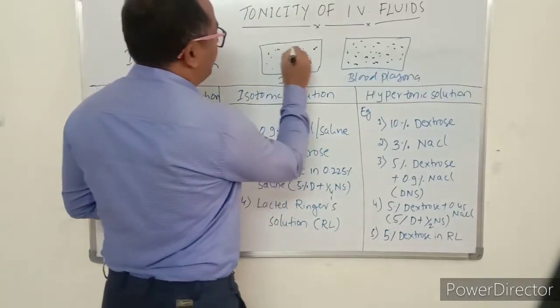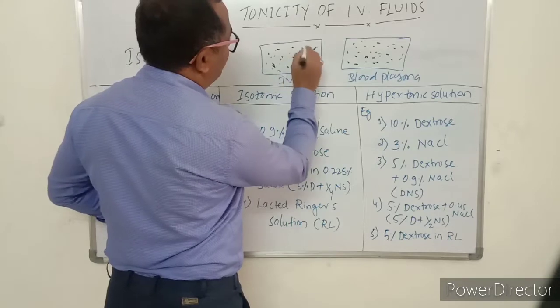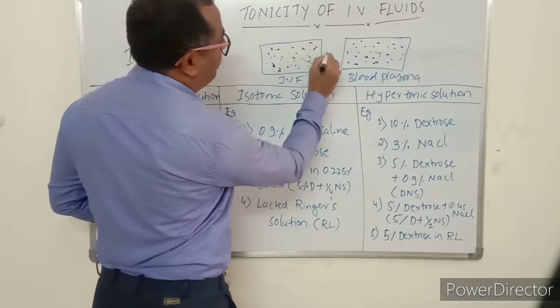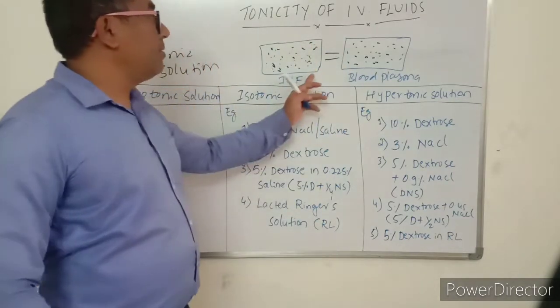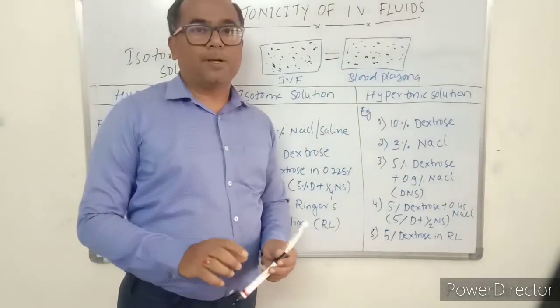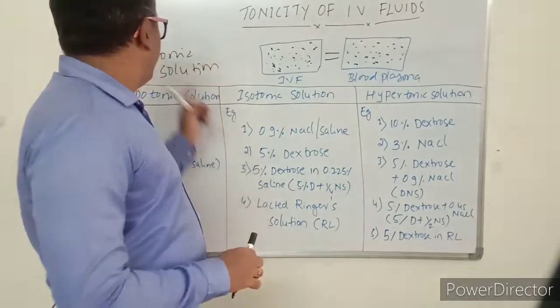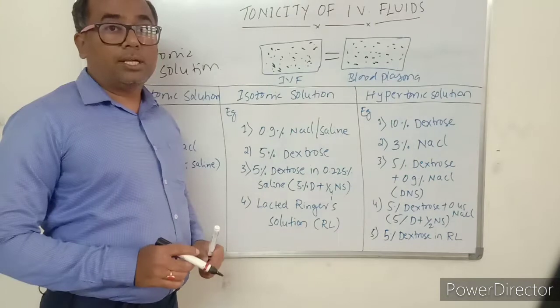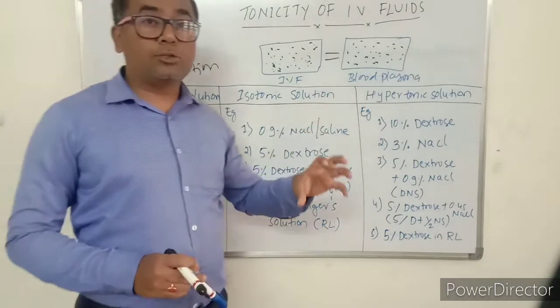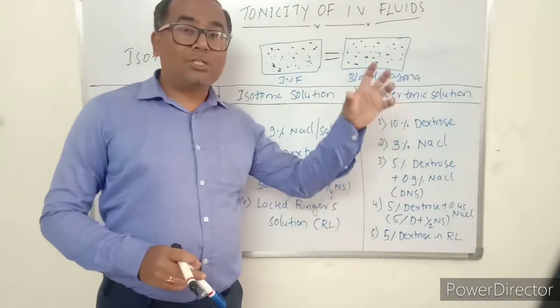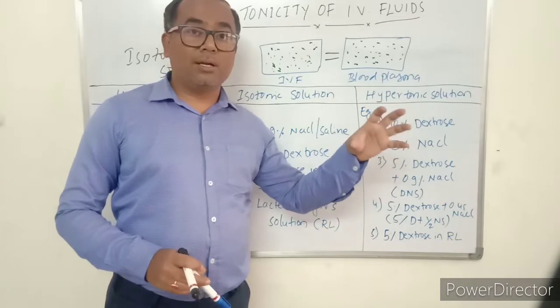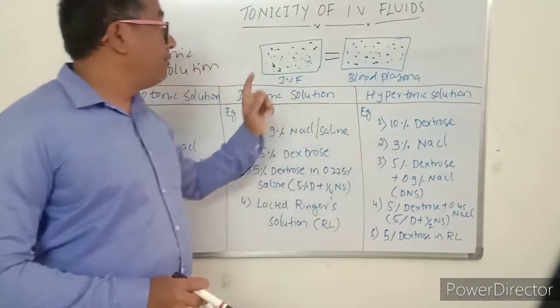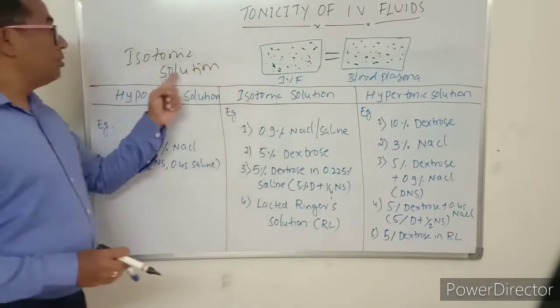How much concentration of solutes is present in the blood plasma, that same proportion is present in the IV fluid, and that is known as an isotonic solution.